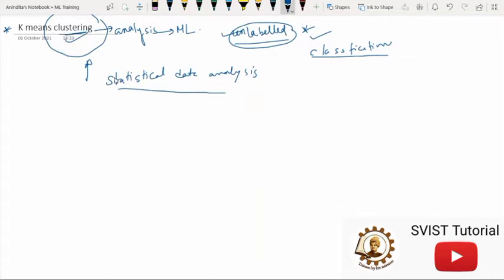They differ in what kind of data set they operate on. In classification, we work with the labeled data set. However, in clustering, we work with unlabeled datasets. This is the basic difference between classification algorithm and clustering algorithm.